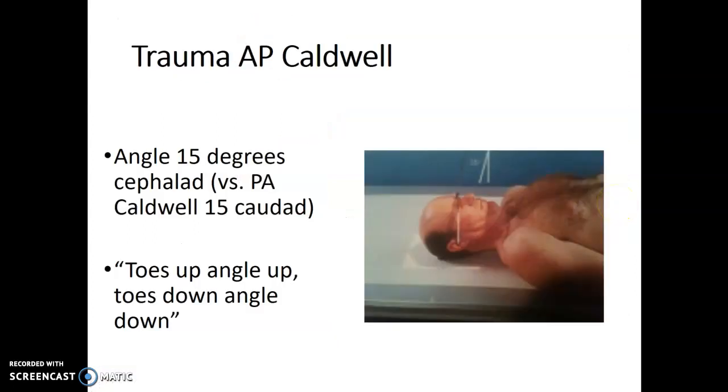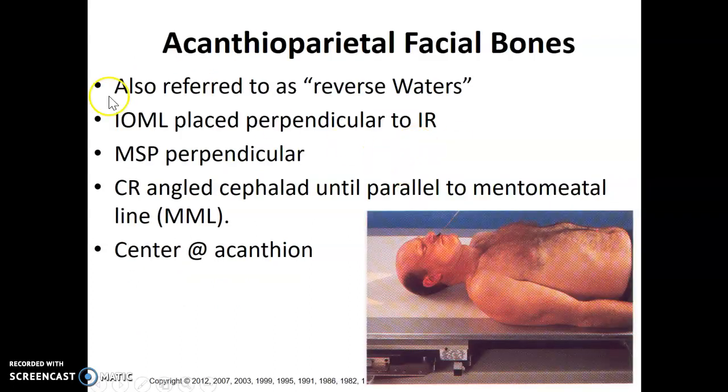Trauma Caldwell. Anytime you're reversing the patient, the tube angle direction reverses, right? So toes up, angle up, toes down, angle down. Normally, we do a PA Caldwell, we angle 15 degrees down. My patient is now supine, an AP, I'm going to angle 15 degrees up. You know that, right?